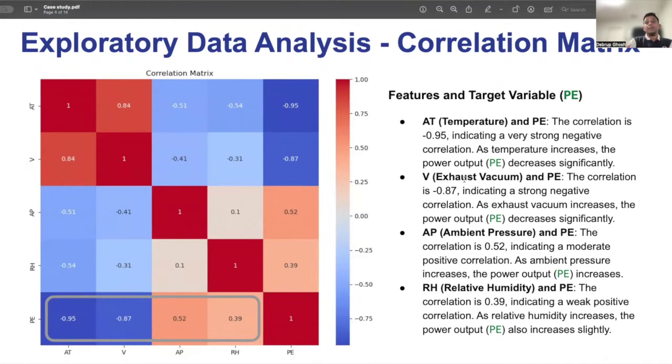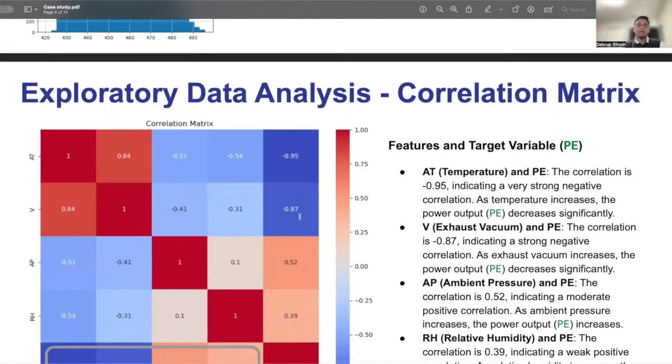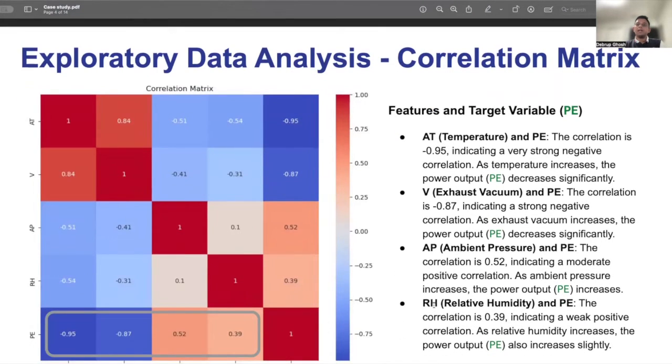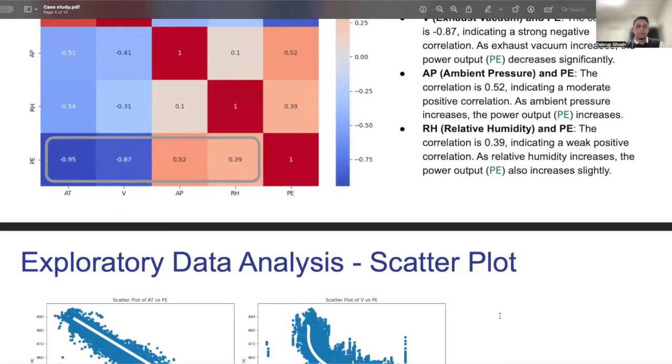Similarly, for exhaust vacuum, we can see that the power output decreases as the vacuum increases. Now, ambient pressure and PE is pretty interesting. 0.5 is a pretty low correlation, and some of that is explained with this chart. It's a fairly interesting bell curve. And then relative humidity is 0.39, which shows once again a very weak positive correlation.